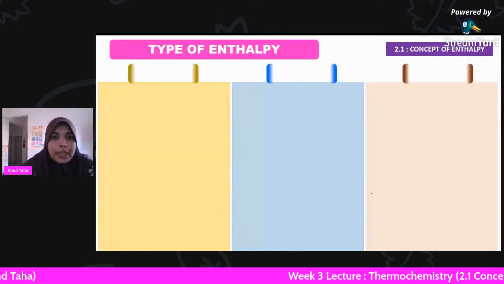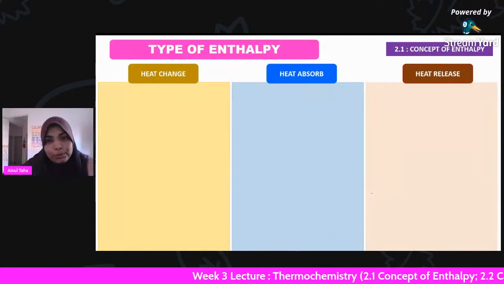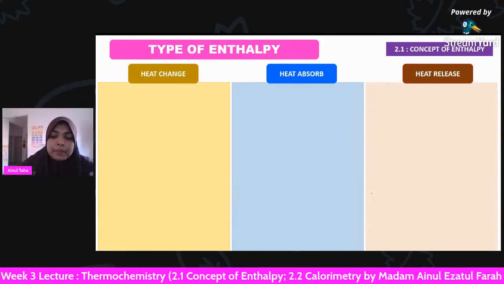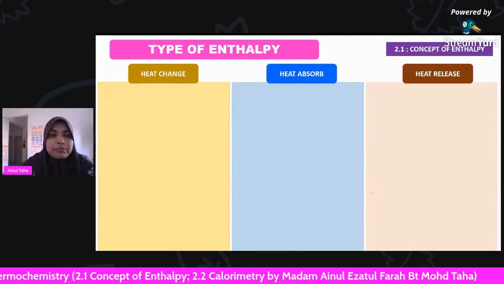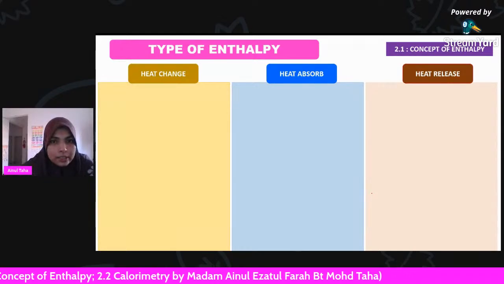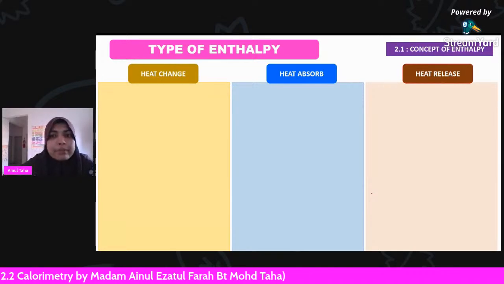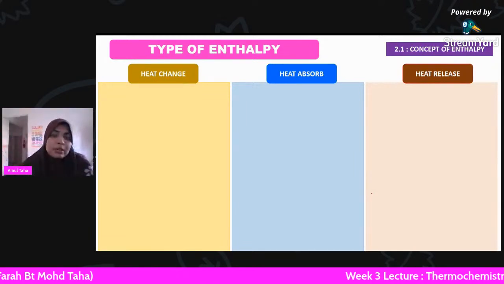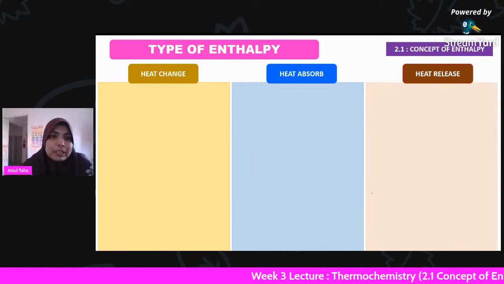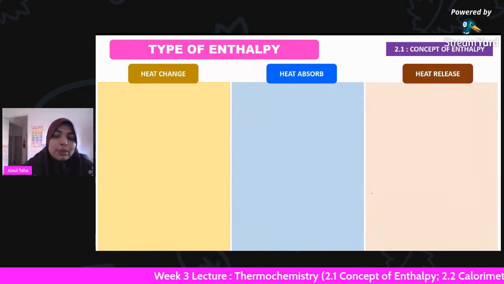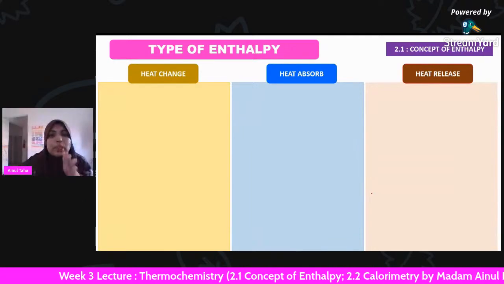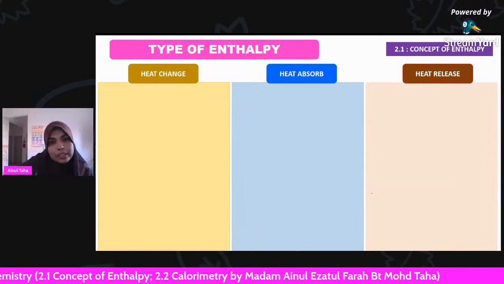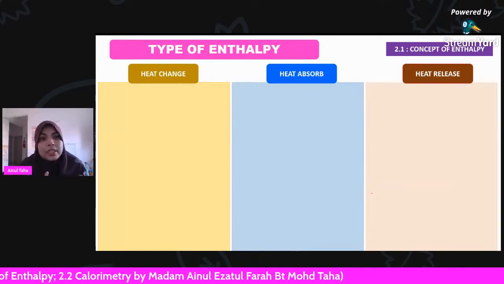Here I give you an overview of the types of enthalpy, which we can divide into 3: the first one is heat change, the second one is heat absorbed, and the third one is heat released. Because we have a lot of types of enthalpy, it is easier for you if you split them by whether that type of enthalpy is a heat change, heat absorbed, or heat released.